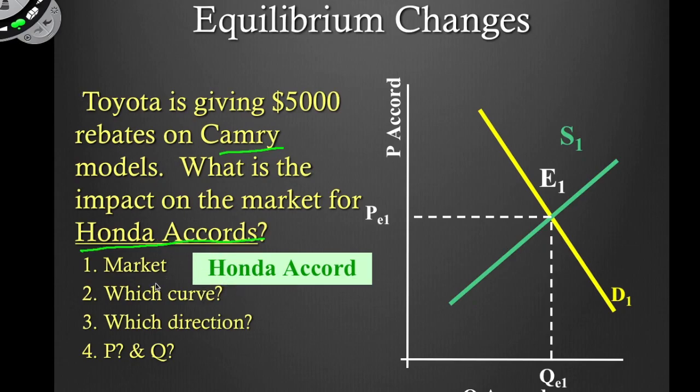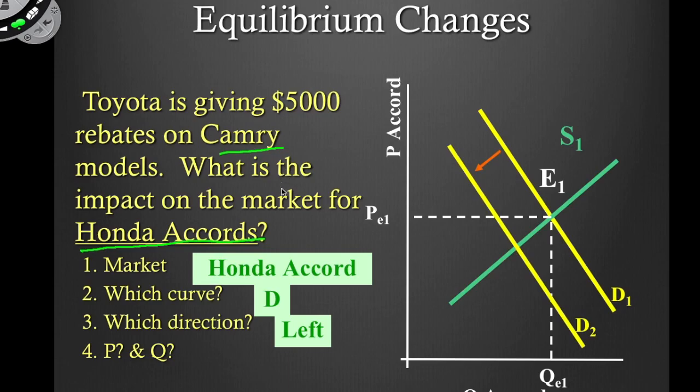The consumers are going to buy less regardless of the possible price of the Accord, because there's that big rebate on the Camry. So the demand will decrease, it will therefore shift to the left. And what happens to my equilibrium? You can see that the prices would fall and the quantity would fall for the Honda Accord.